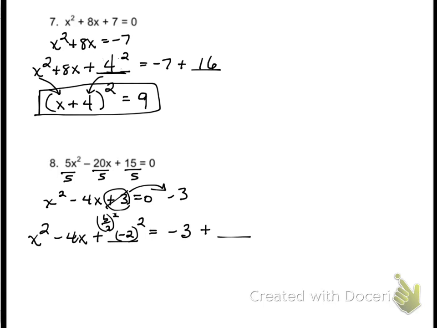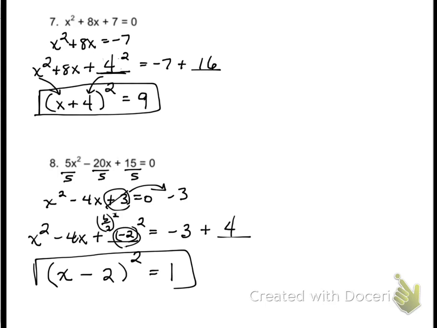But negative 2 times negative 2 is positive 4. Now, again, we write this. It's x. Whatever's in your parentheses right here comes down. So it's x minus 2. And that equals negative 3 plus 4 is 1.